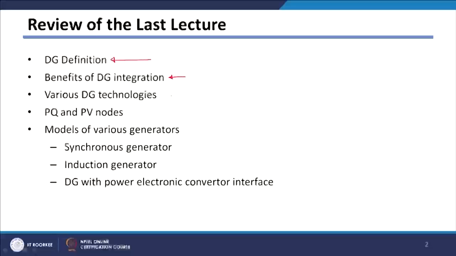Then we have seen various technologies, and when we are interfacing these sources of renewable energies with the distribution grid, there are basically interfacing generators, and for different types of energy sources we have seen what kind of distributed generators are used. In case of fuel cell and solar PV system, we need a power electronic interface.